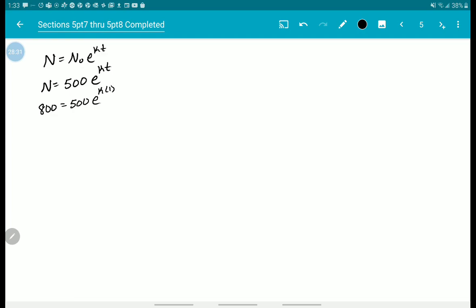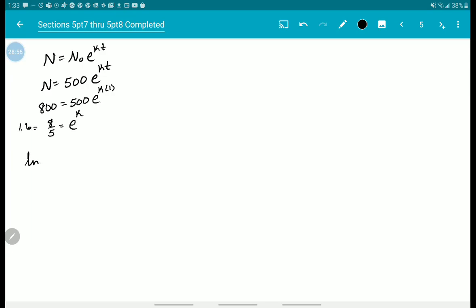This gives us enough information to find K. You're always going to have to find K first before you can solve the second part of the problem. So we're going to divide everything by that 500. 800 divided by 500 is 8 over 5. And 8 divided by 5 is a nice number. I'm going to go ahead and use that decimal, which is 1.6.